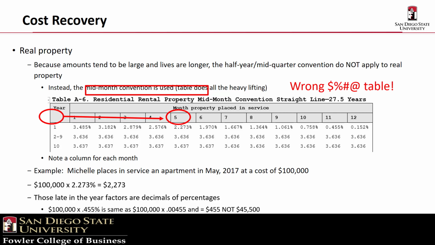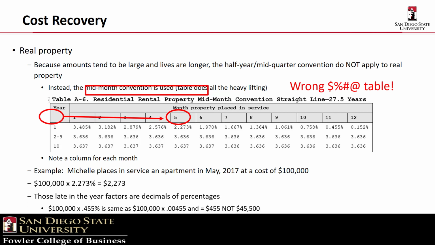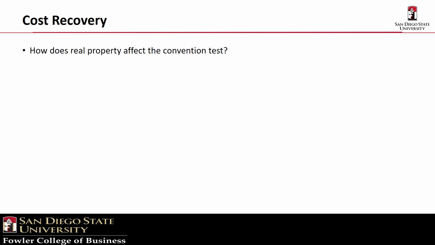So make a note. The factors that are in the right side of the table are still percentages. So 0.455 is 0.455% or 0.00455. So note that real property was not part of our earlier convention tests because no convention test is required.